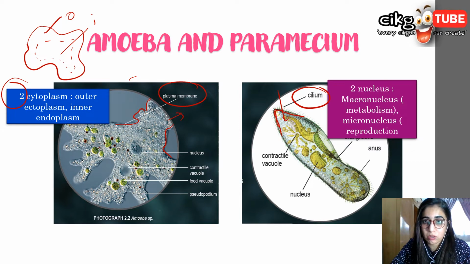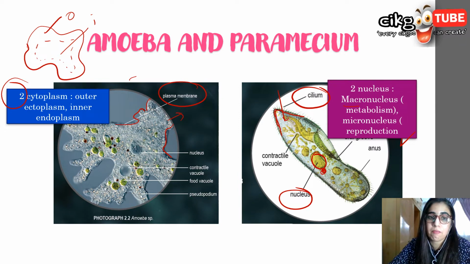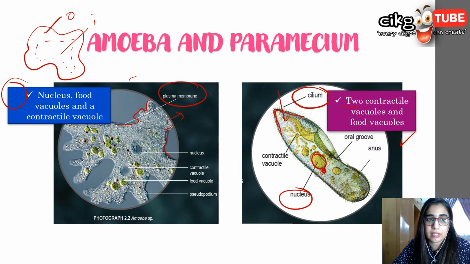They have a macronucleus for metabolism and a micronucleus for reproduction. So it looks like only one nucleus here, but they actually have two. The big one, macro, is for metabolism, and the smaller one, micro, is for reproduction. So two separate functions.